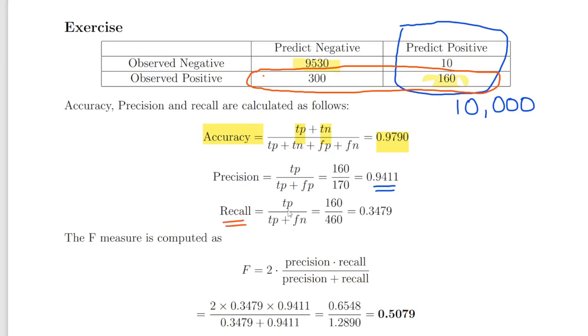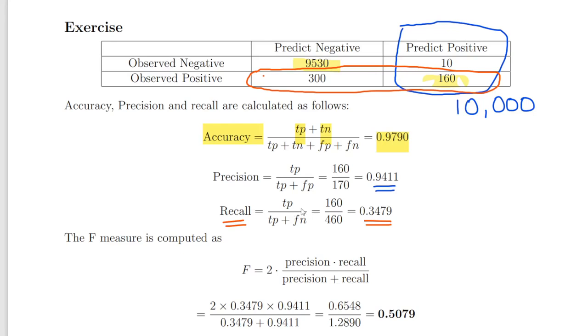This is the number of true positives divided by the total number of observed positives, the true positives and the false negatives. Of the total number of observed positives, we're only correctly predicting 34.79% of them, 0.3479, as positive. That's not so good.